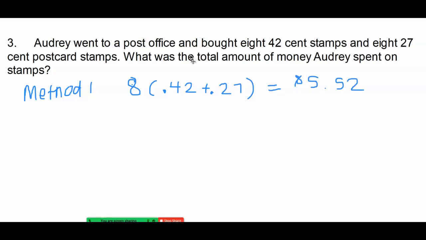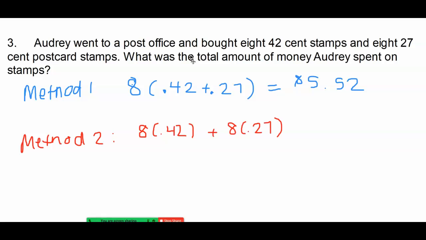In this case, a majority of us are probably going to set it up like method 2 when we read the problem, which is 8 stamps at 42 cents plus 8 stamps at 27 cents.